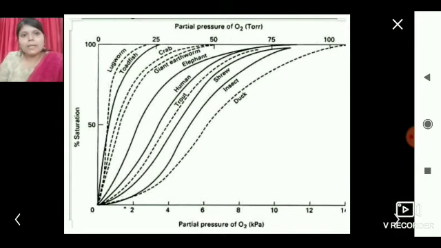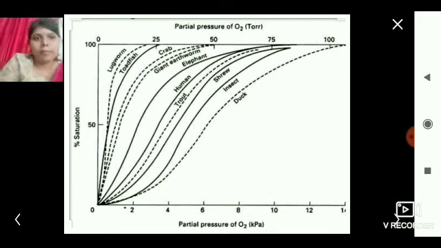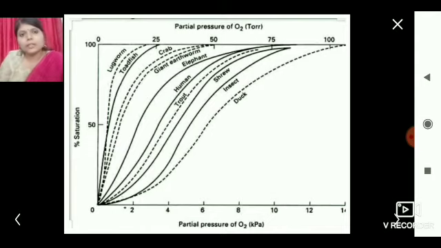Lukewarm ones will definitely be in lower conditions, hence the graph is completely tilted towards the right-hand side. For ducks, insects and the like, their partial pressures are like this, completely shifted towards the left-hand side, and you can see the human graph also. This shows the differences between organisms and the shifting of the graphs, depending upon the habitat and the conditions they are facing.